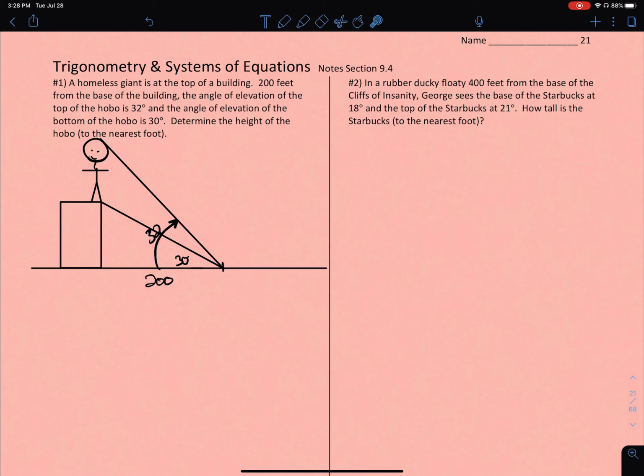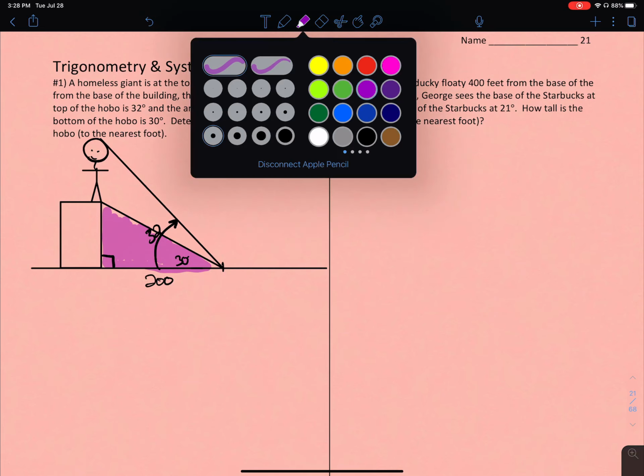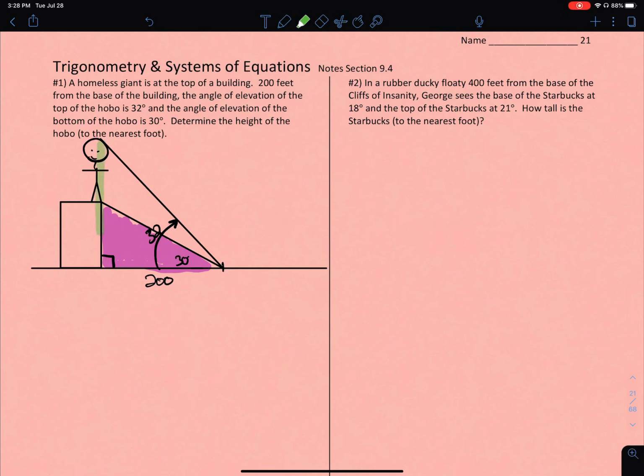Well, the unfortunate thing is this homeless dude, he's not like an entire side of a right triangle. We have two right triangles in this problem. We have this purple right triangle, and we also have this green right triangle.